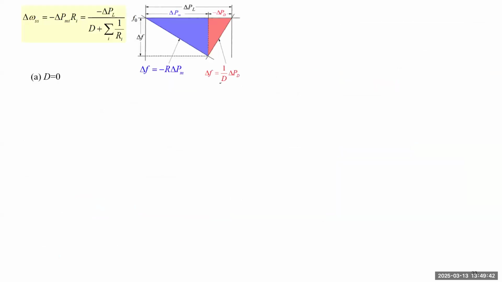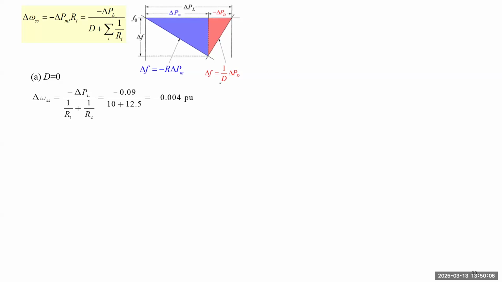So next we can do the calculation for the two cases. First, if we have no frequency dependent load, which means that the red triangle doesn't exist, then entirely the frequency deviation is caused by the blue triangle. So in this formula, we don't see D. D is not shown in the denominator.